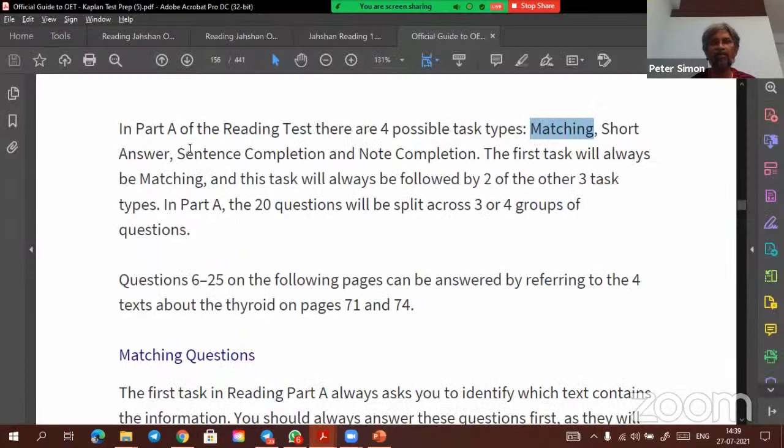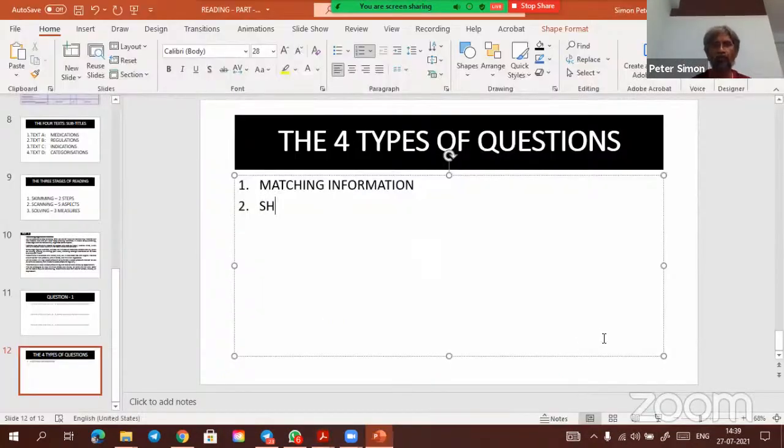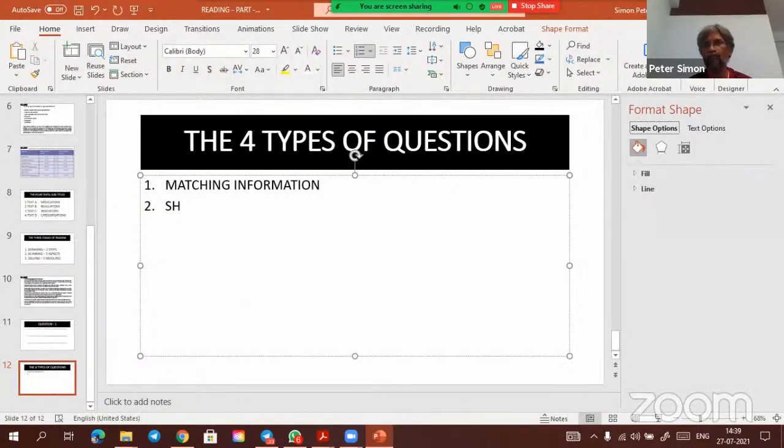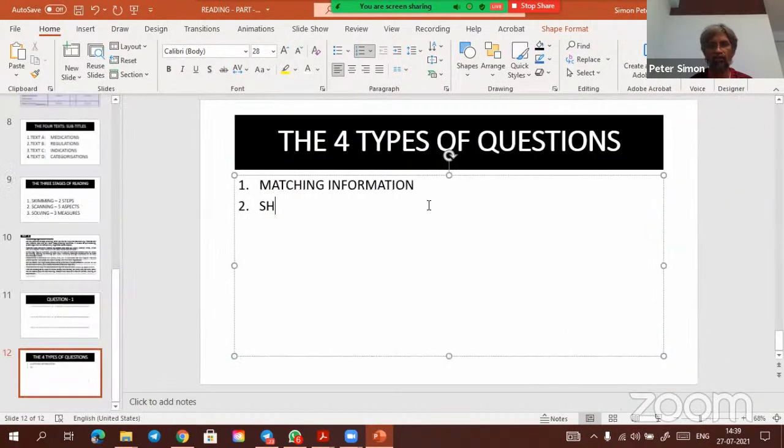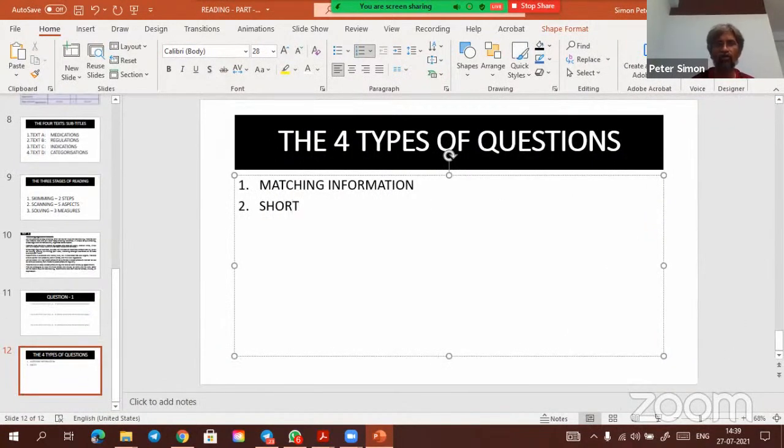Next, the second one is short answer questions, SAQ. First one is matching information questions.